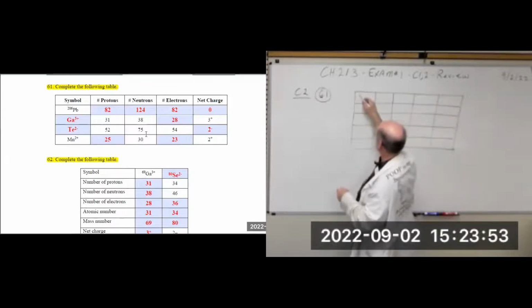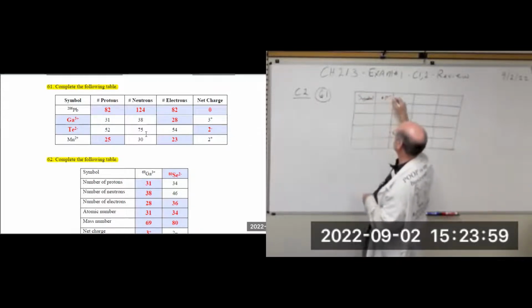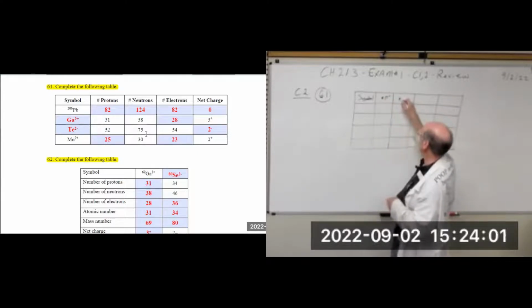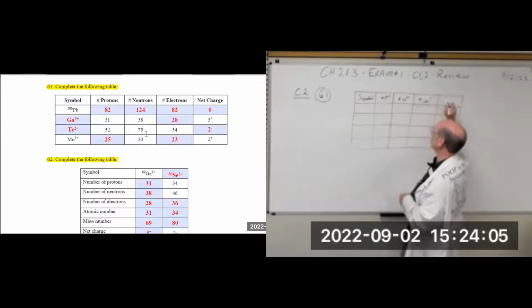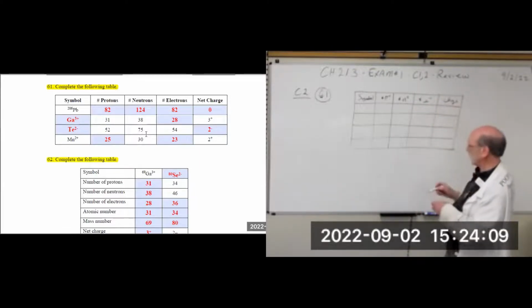And we got the symbol here. We've got number of protons. We've got number of neutrons, number of electrons, and charge. Right there.